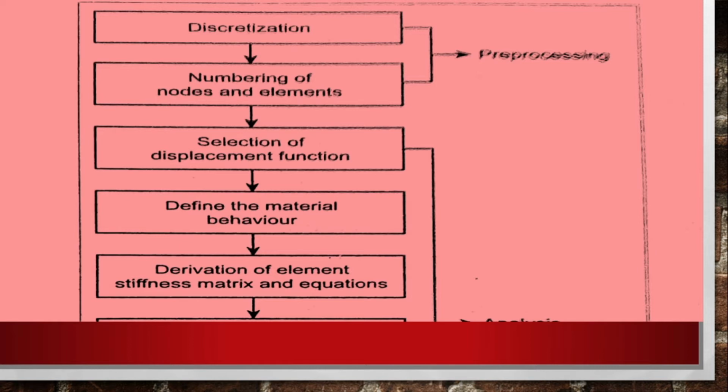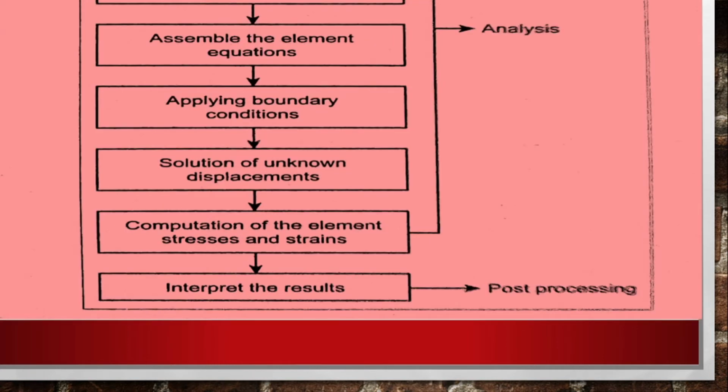With the help of this element stiffness matrix, we can find out the equations and also a particular solution. Then after finding the equations, we should assemble the element equations.